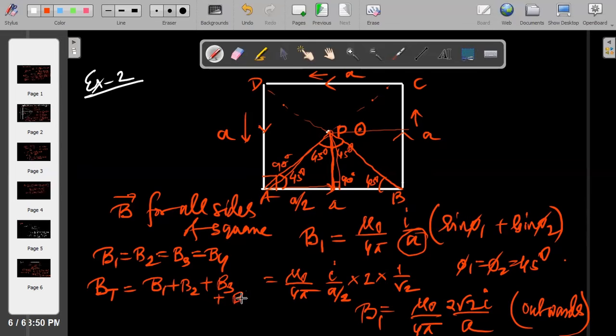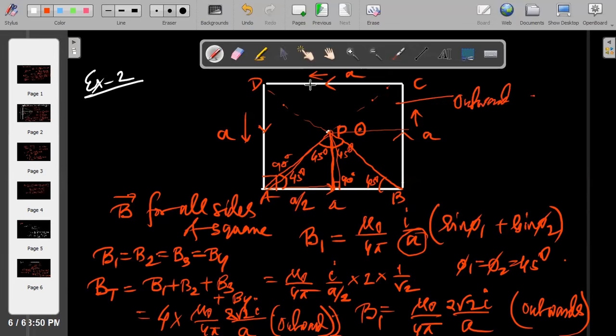And all the values are the same. So it will be mu naught by 4 pi into 4. So the final answer will be 4 into B1, or you can write 4 into mu naught by 4 pi into 2 root 2 I by A. And the magnetic field will be outward. So in this way, we can easily prove it. And all are outward.